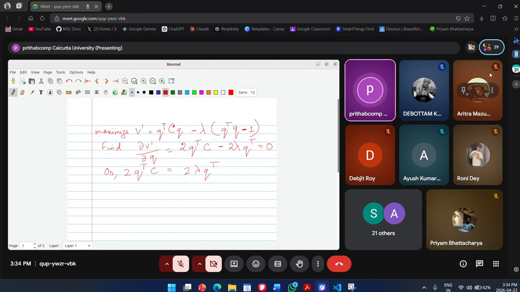Then you see something nice if you observe. C is a matrix, don't forget. I should not write it in this fashion, the dimension will go wrong. So Q transpose C equal to lambda Q transpose. Do you see anything over here?